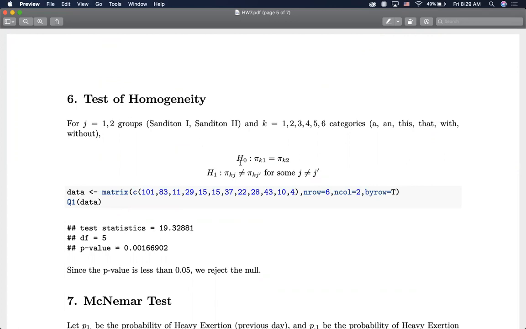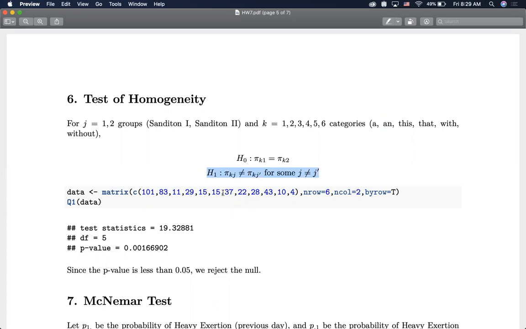The 1 and 2 denote the group here. We want to test that the probability of A is the same, and then the probability of AN is also the same across the 2 different groups. So this is pi_k1 equals pi_k2 for all k, and the alternative is that at least for one it is not the same.